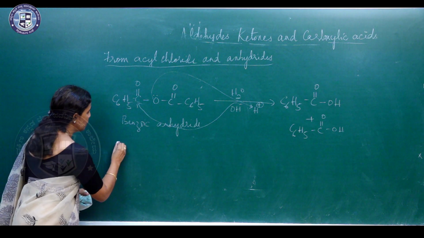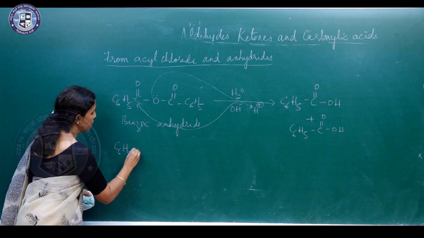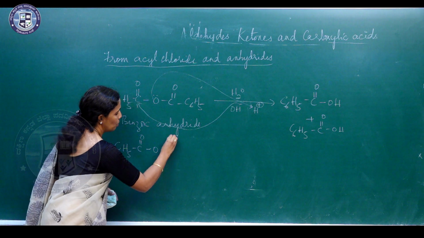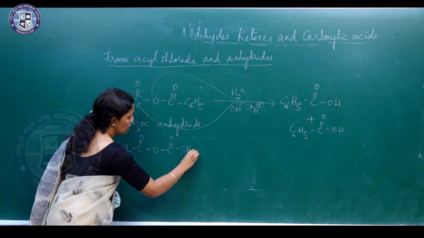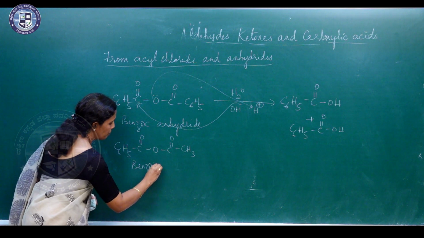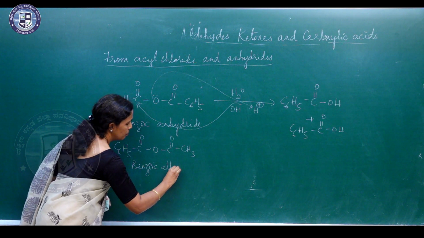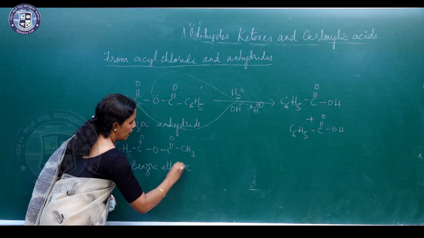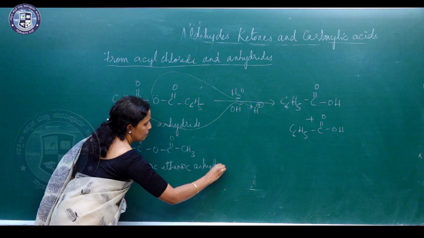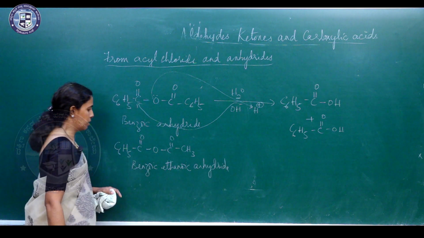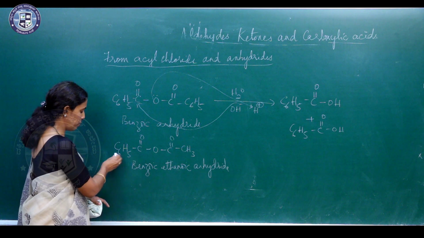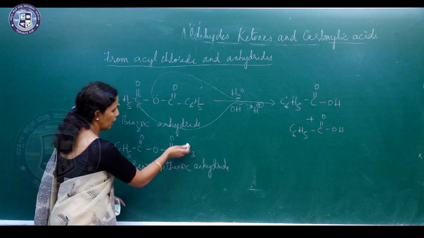Similarly, we will take another compound, C6H5C(=O)OC(=O)CH3. This is called benzoic ethanoic anhydride. We have the benzoic group and the ethanoic group.